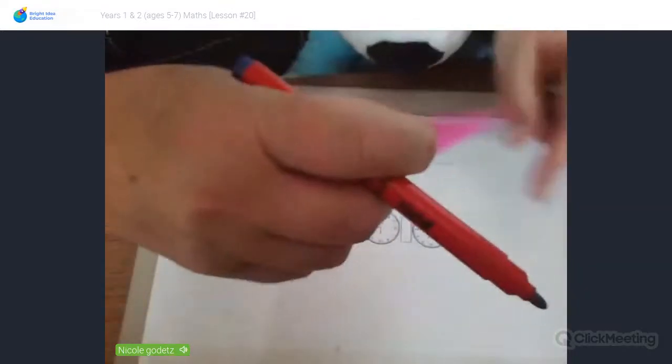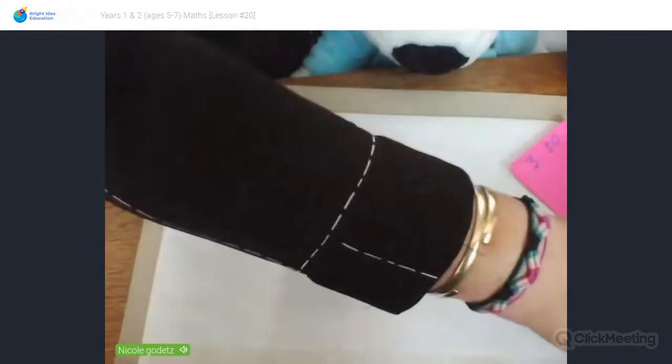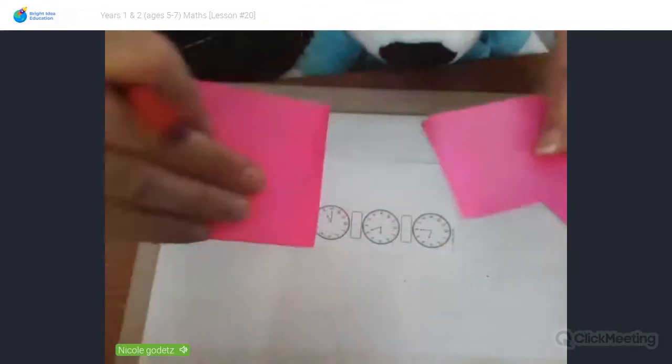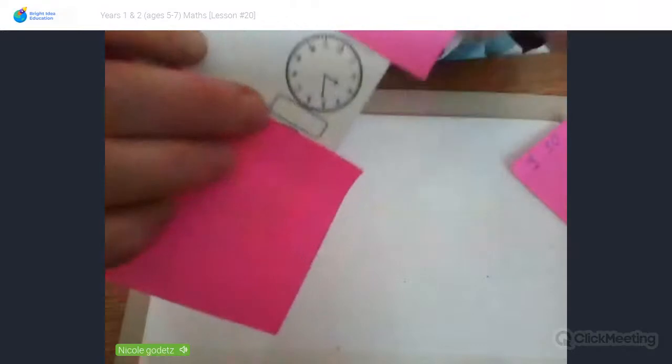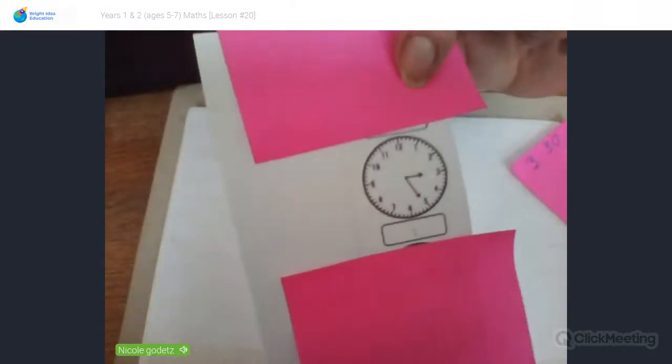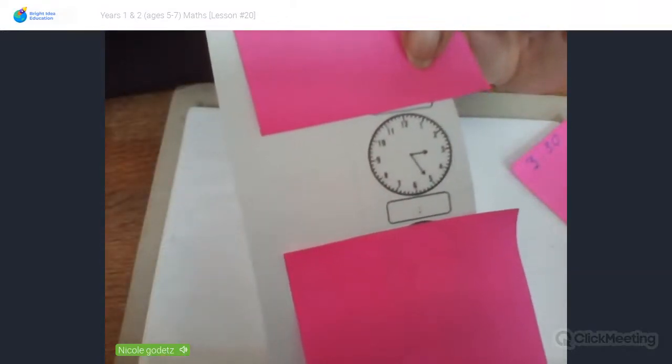So let's have a look at the next time. Let's put these on because it looks like these clocks are a little bit too small. So what's this time showing then?